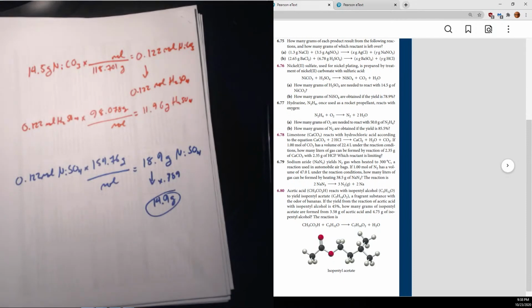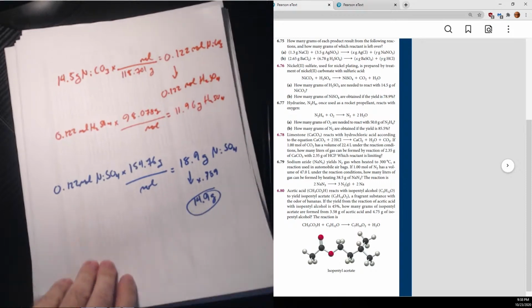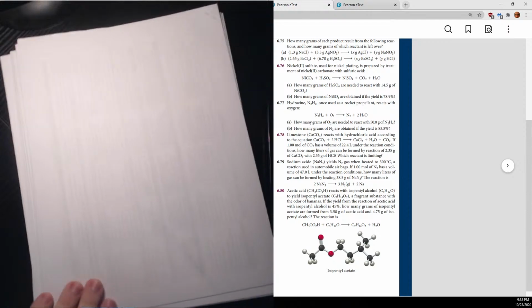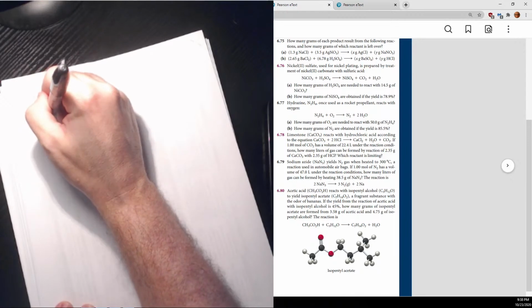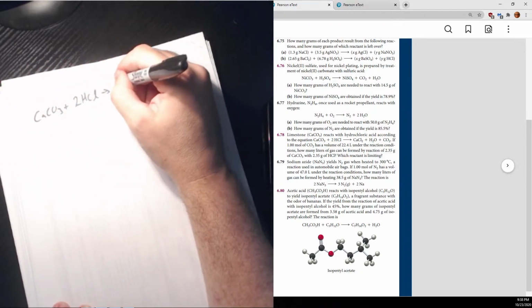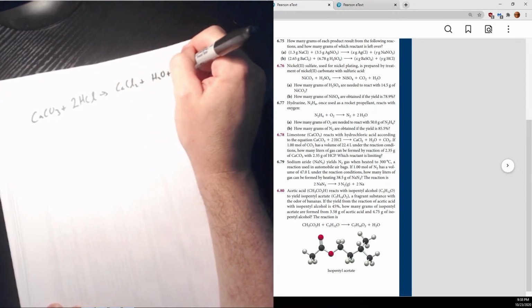Okay. So, it was 2.35 grams each. That's a 1-to-2. Okay, so I'm going to have to actually put some effort into this. Not a lot, but some. CaCO3 plus 2HCl yields CaCl2 plus H2O plus CO2.